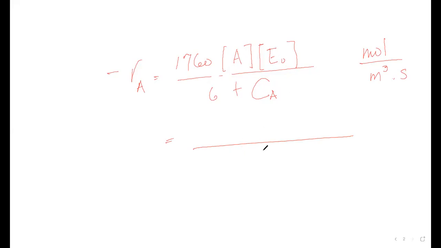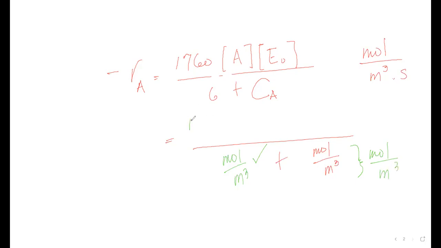So they should be the same. If this concentration of A should be mole per cubic meter, it follows that this 6 that we're talking about, asking for the concentration of, should be in mole per cubic meter. So this one is correct.